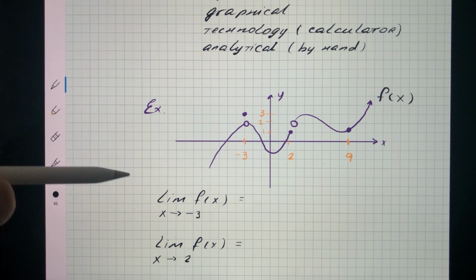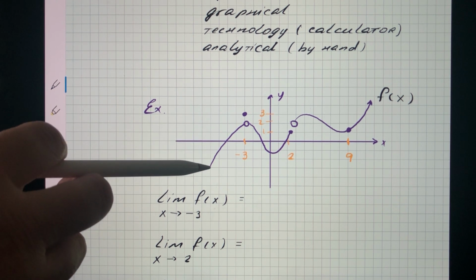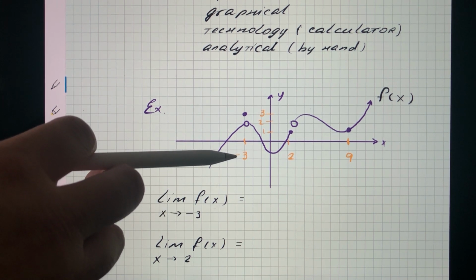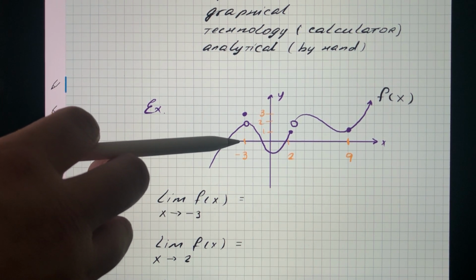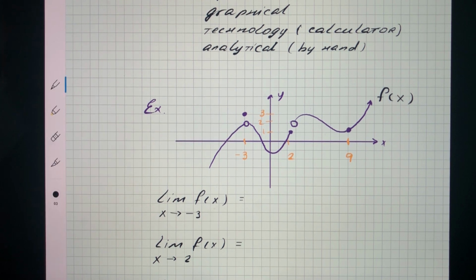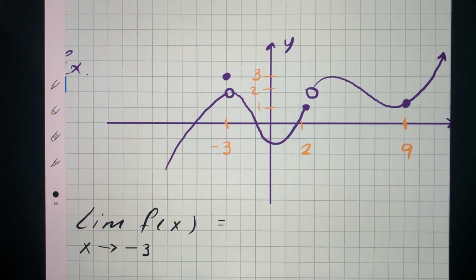So there are three questions. What is the limit of our function as x approaches -3? So x is getting to -3 from both sides. That means we're getting super close to -3. We can picture ourselves walking up to -3 from the left side and asking ourselves, what is the height that I will approach?